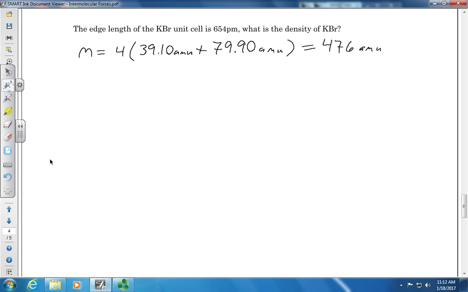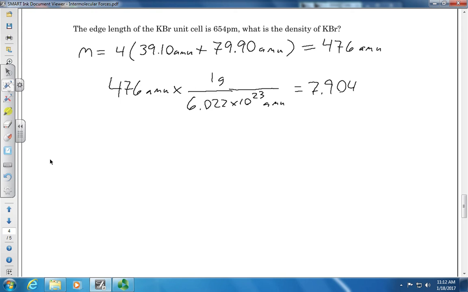So we got 476 AMU, and there are 6.022 times 10 to the 23rd AMUs in 1 gram, which is going to give us a total of 7.904 times 10 to the minus 22 grams. That is the mass of this unit cell.